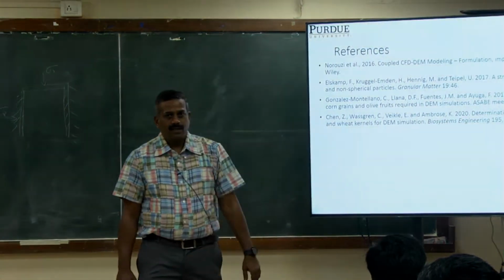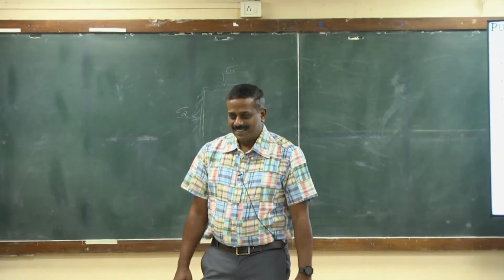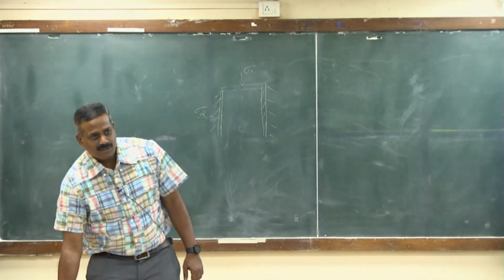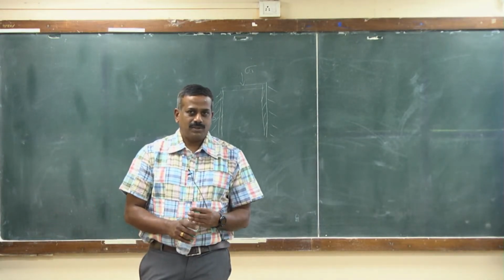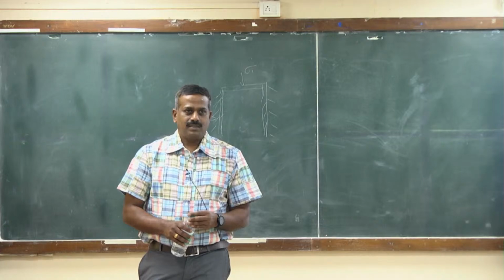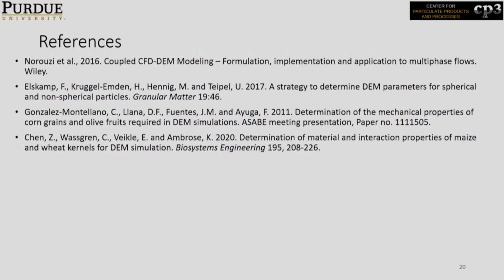So how do we measure for powders? Again, I will come back to that question. We can easily measure for large granular material, right? But how will we measure the coefficient of restitution for powders? Any thoughts? How can we measure restitution for small powders? Go back to the example of wheat flour.